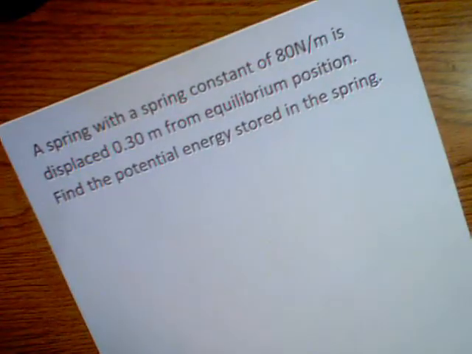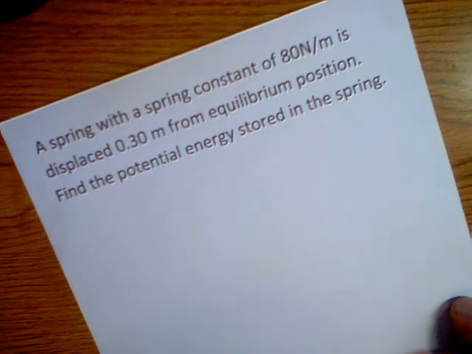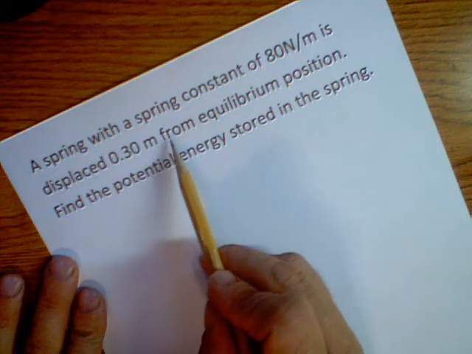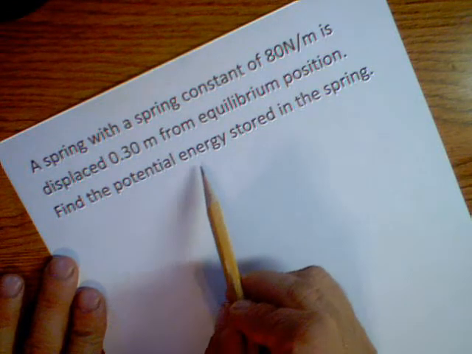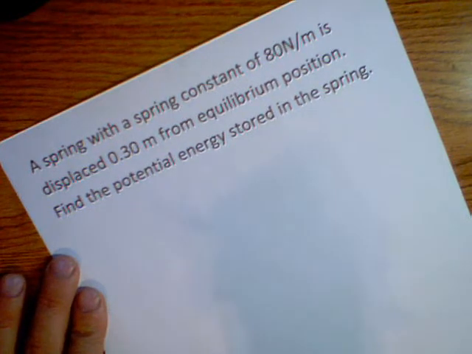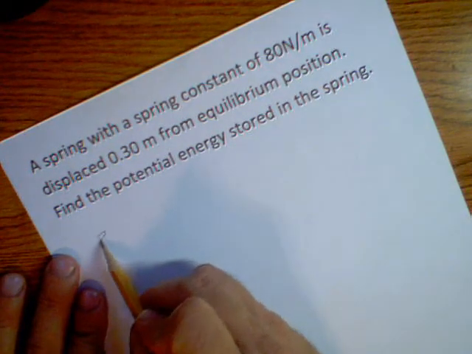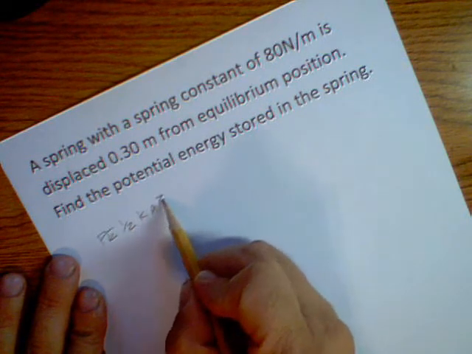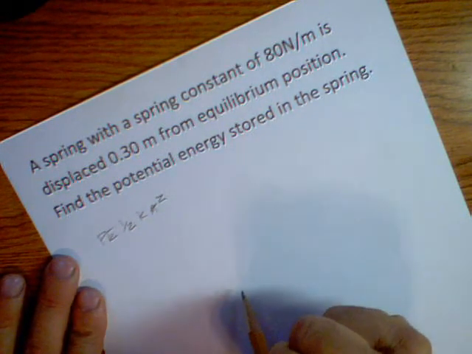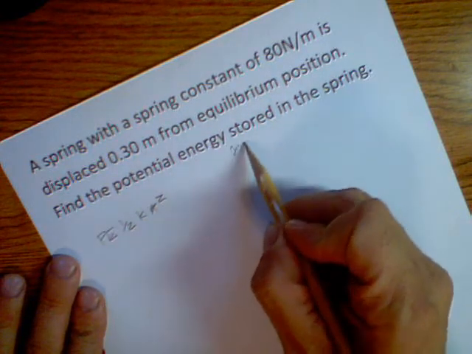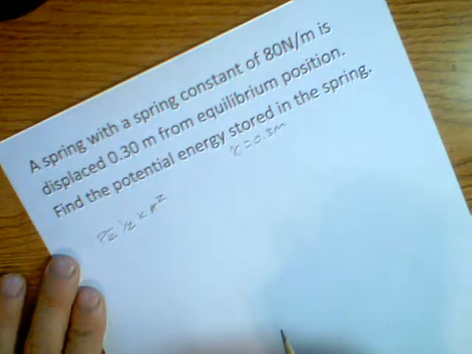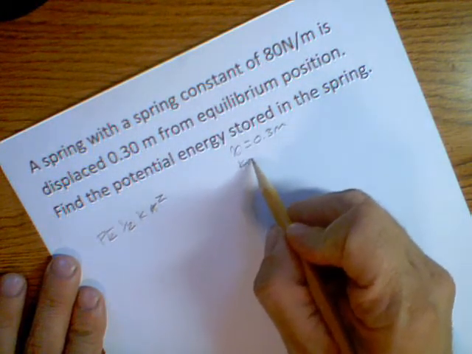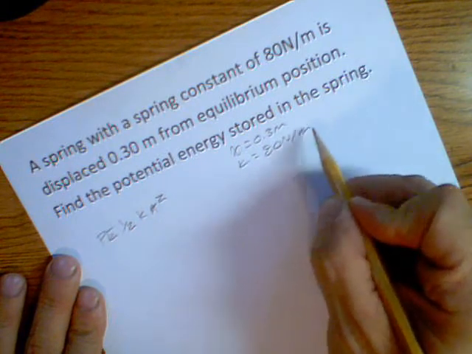Let's try one more. A spring with a spring constant of 80 newton meters is displaced 0.3 meters from the equilibrium position. Find the potential energy stored in the spring. Well, we could use our potential energy, 1/2 kx squared. We know x equals 0.3 meters, and the spring constant is 80 newton meters.